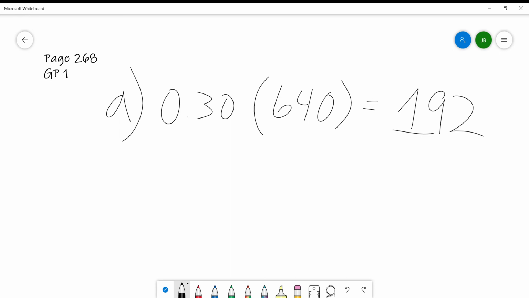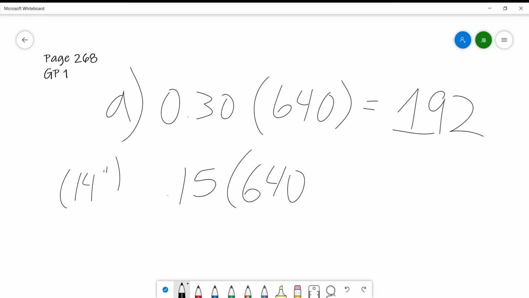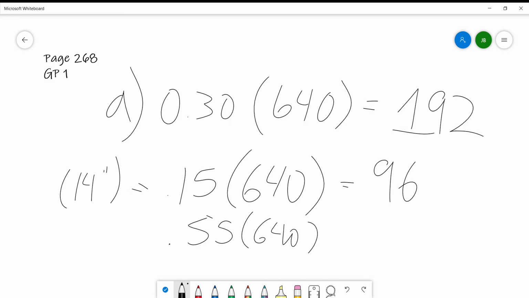Number B, how many fewer 14-inch monitors were sold than 15-inch monitors? So we have to calculate how many 14-inch monitors there were. So there were 0.15 times 640, which is 96, and then we subtract, so then the other one would be 55% of the 640 equals 352.